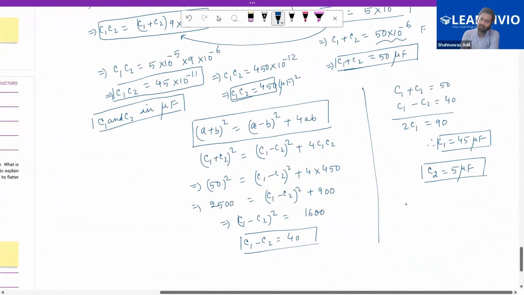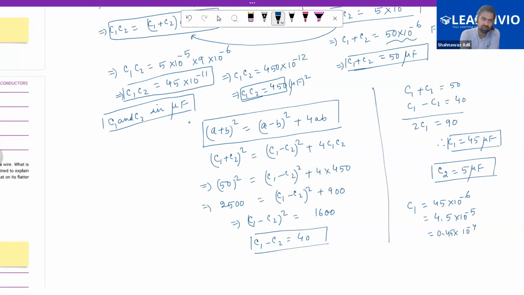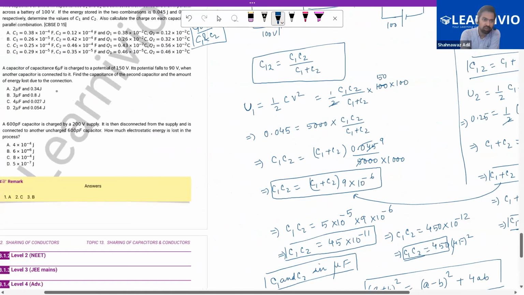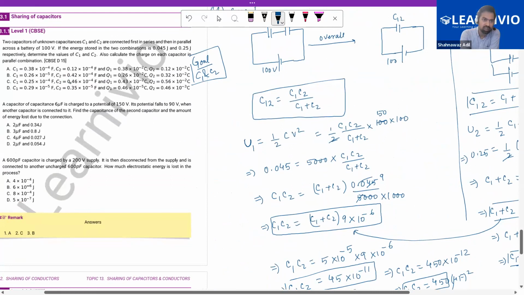After simplifying, this would be 45 into 10 to the power minus 6. So we can write it as 4.5 into 10 to the power minus 5. Or we can write it 0.45 into 10 to the power minus 4. So these are the things that we can do. So do we have any 0.45? Yeah. So C2 is this one.